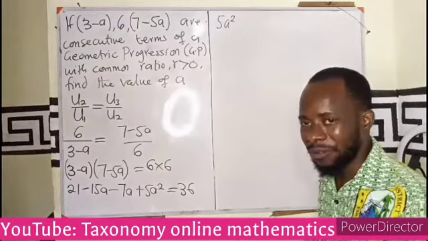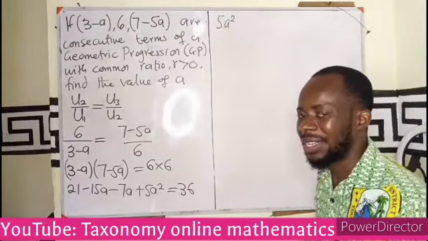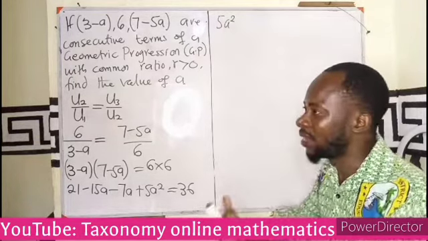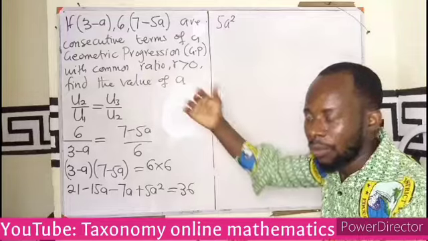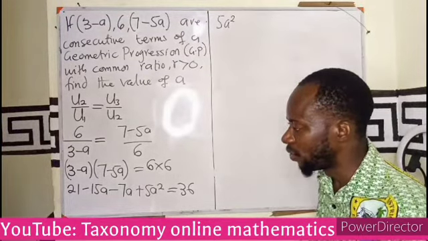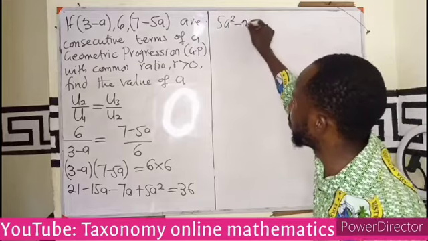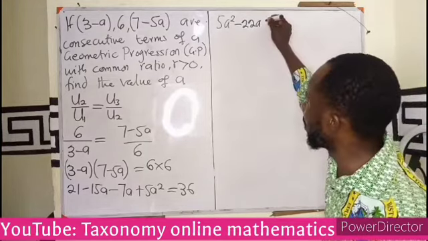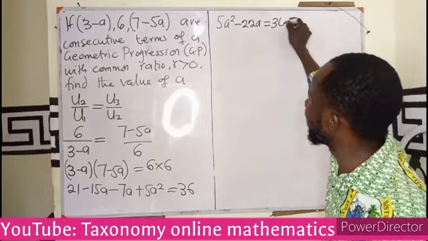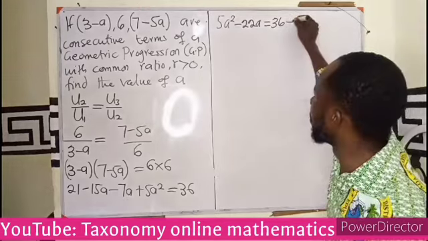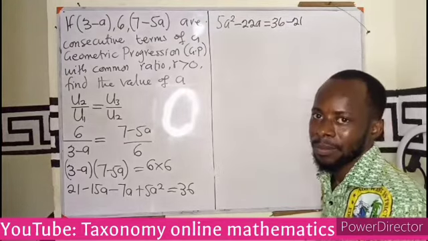Minus 15 minus 7 is minus 22, so minus 22a, equals 36, then my 21 will cross over and become minus 21.